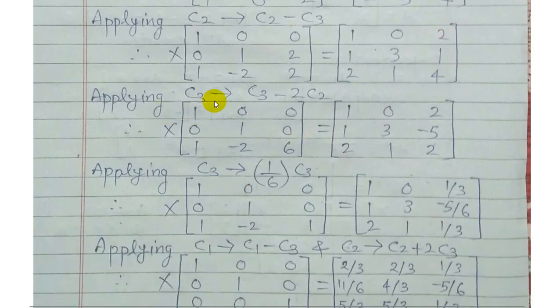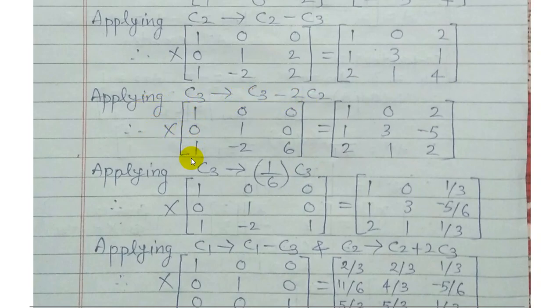Now applying C3 changes to C3 minus 2 times C2. Sorry, this step is applying C3 changes to C3 minus 2 C2.